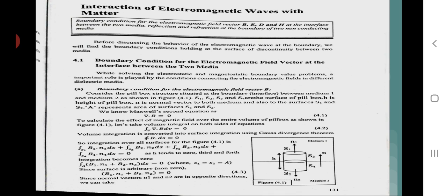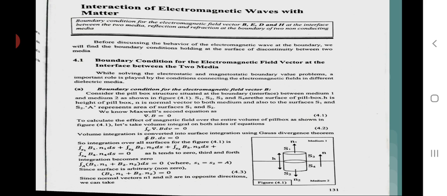As shown in the figure, S1, S2, S3 and S4 are the surfaces of the pillbox.